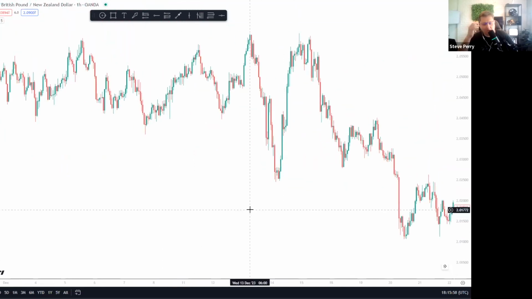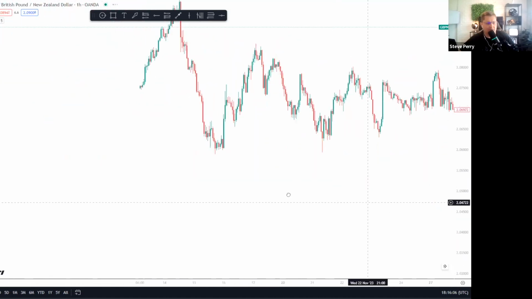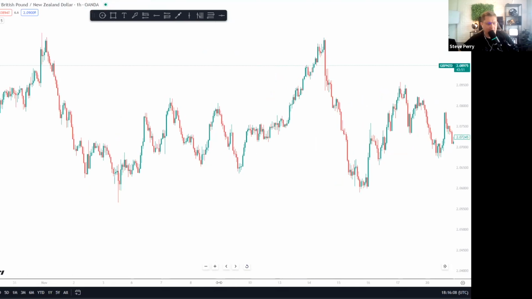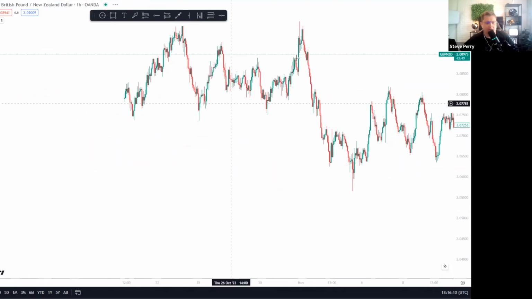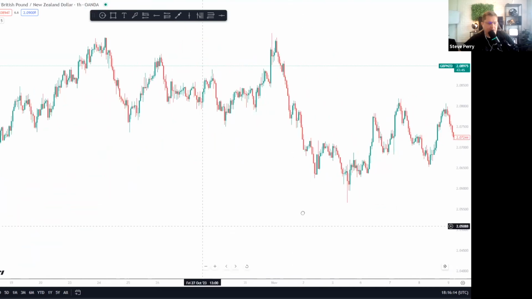So again, how can you find liquidity on your own? Okay, so let's go find a big move in the market. Let's find a big breakout of structure. Yeah, like this right here. Okay. So this is a market that was up here.